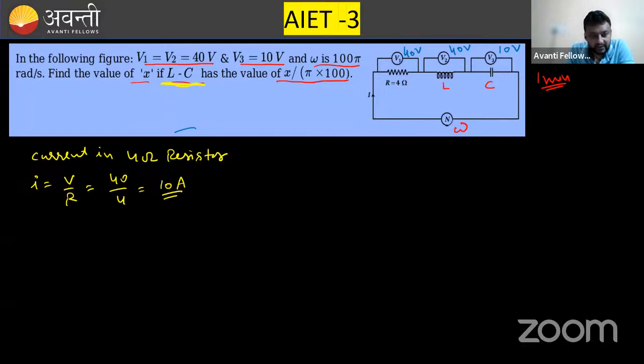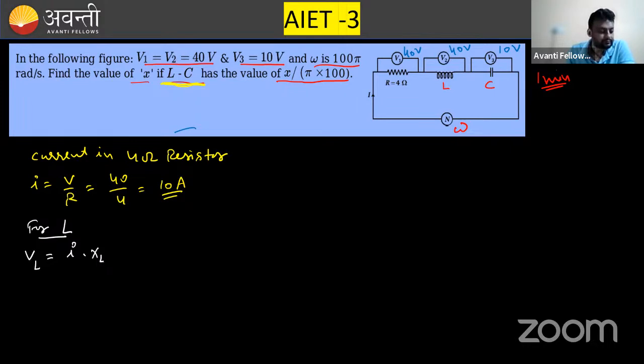Now for the inductor, the potential across the inductor, using Ohm's law, is V equals I into R. The current is I and the resistance of the inductor is denoted by XL. I hope you know that. This is known as inductive reactance.